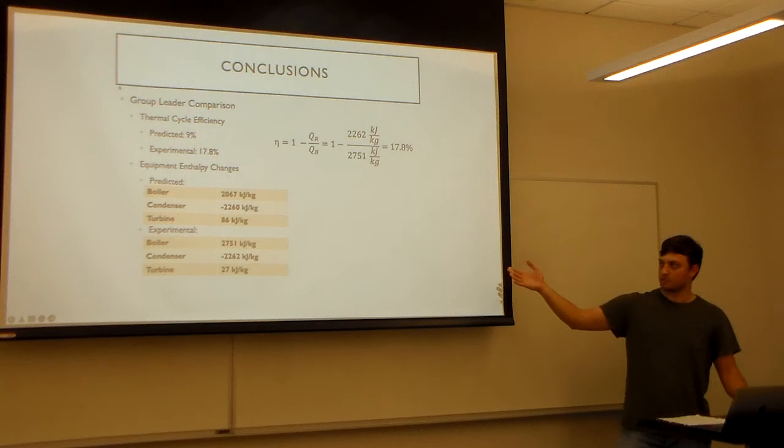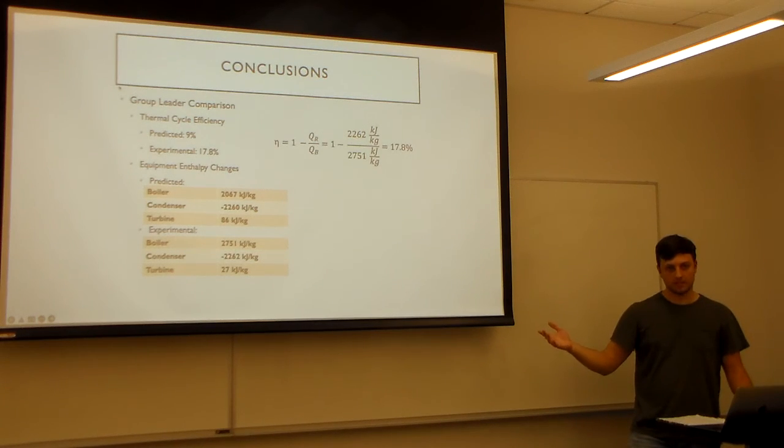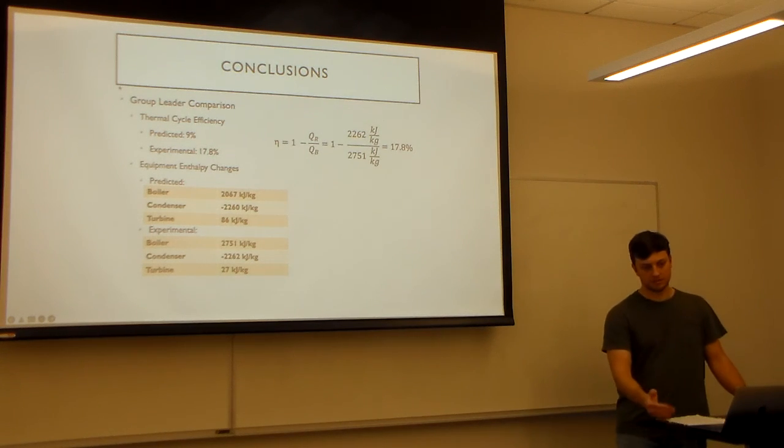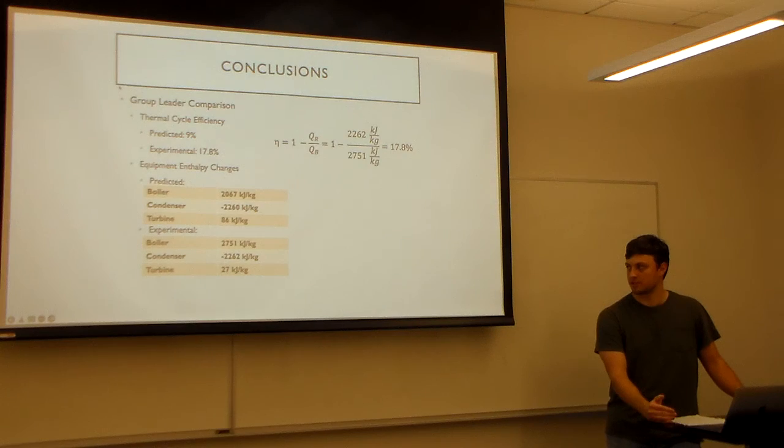The boiler, there was a lot more heat input from the fuel than was originally assumed, probably because we didn't have a reliable fuel flow assumption. Condenser was very close actually in agreement, and then the turbine again, probably frictional losses, different heat losses made it less efficient than the actual.